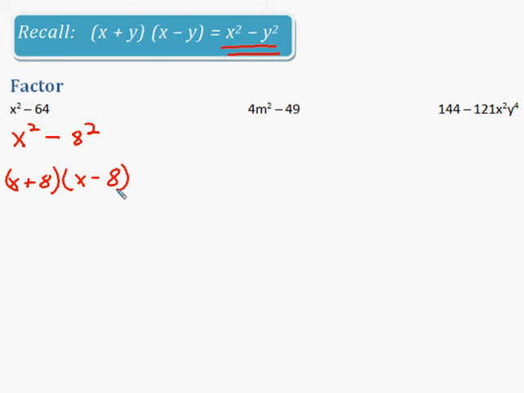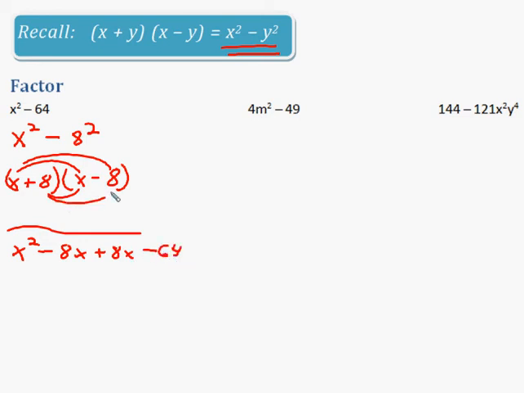We could check it. If we need to check, we have x squared minus 8x plus 8x minus 64. Oops, that was the minus 64. These become 0, and we have x squared minus 64.